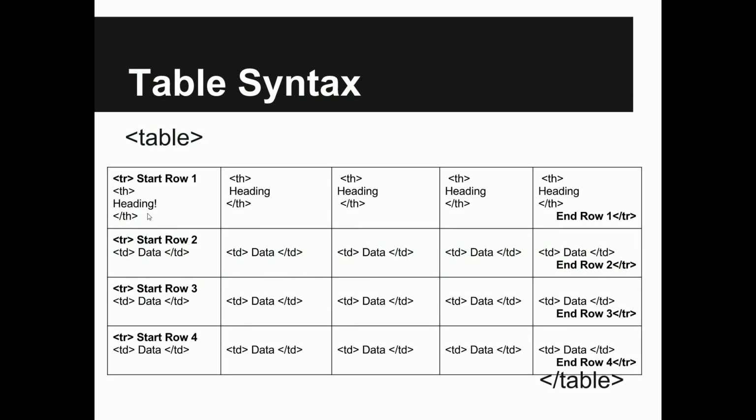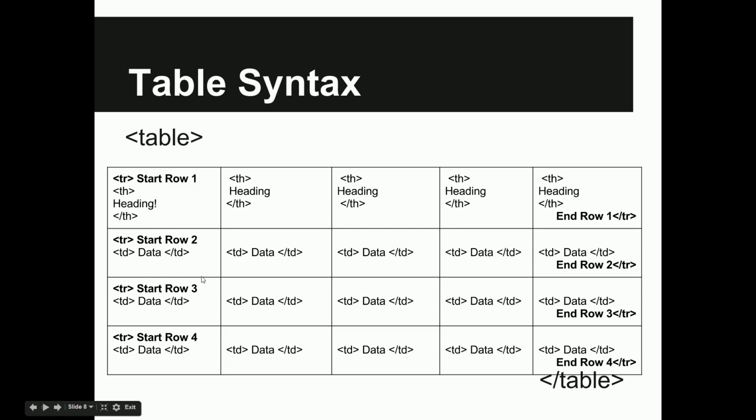Now let's go back to that PowerPoint and better understand what I was trying to get at when I showed this. Each one of these is a start of a row. Each one of these is a closing of a row. Each one of these is a header, so it's a heading for each of the information.